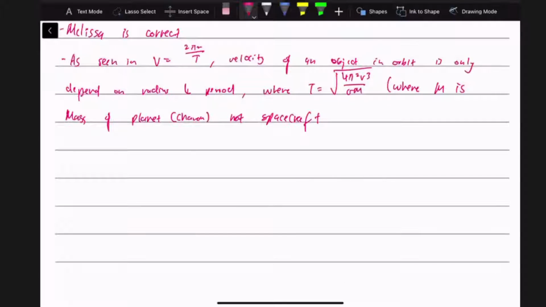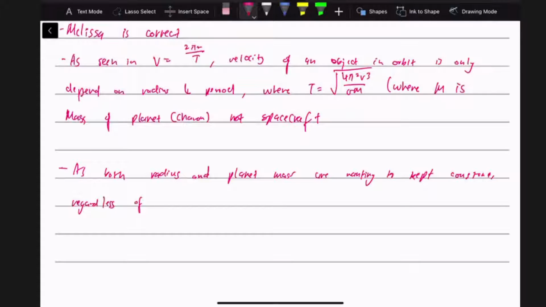And then just to sum it up, you would say as both radius and planet mass wanting to be kept constant, regardless of the weight of the spacecraft.